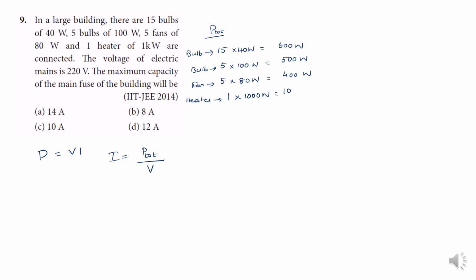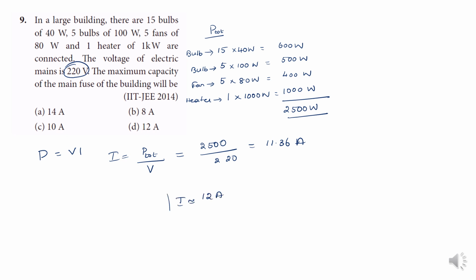So this comes around 1000 watts. So total power is 2500 watts. Okay. So substituting in this equation, I is equal to 2500 divided by supplied voltage 220. So it comes around 11.36 amps. The closest value is, so I is approximately equal to 12 amps. Okay. Option D.